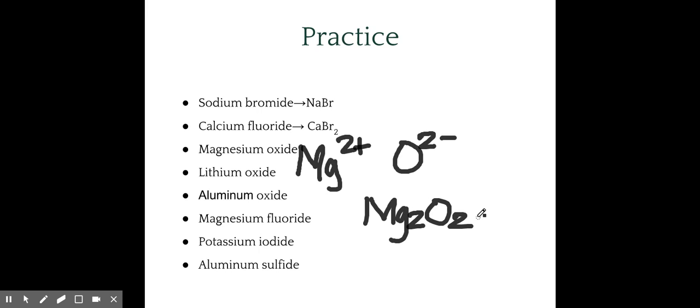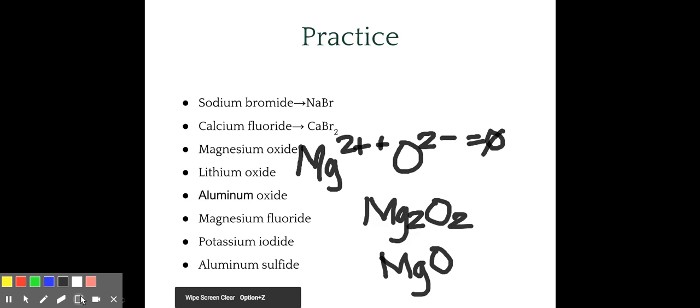But we have to write our ionic compounds in the simplest form. Ionic compounds are always written in the simplest form. So when we take a look at this, we've got to reduce these numbers. And so that becomes MgO. So here we have a 2 plus and a 2 negative. A positive 2 plus a negative 2 equals 0.